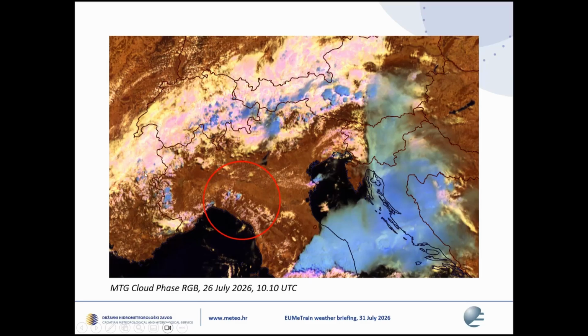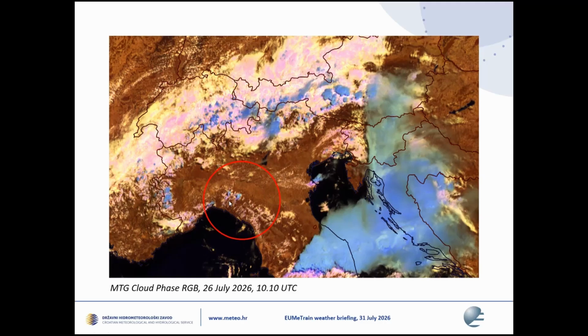So, for example, over here above the Alps, we have some cloudiness, and these are water clouds, but some small water clouds are developing over here, and they are turning their color first to light yellow and then to light blue to dark blue. That means the clouds are developing vertically.